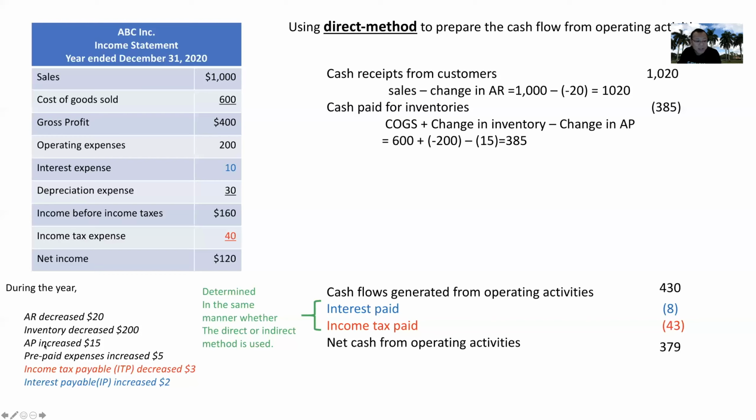AP increased, so the change is positive 15. So 600 plus negative 200 minus 15, this number should be 385. And because this is cash paid, it should be negative 385.